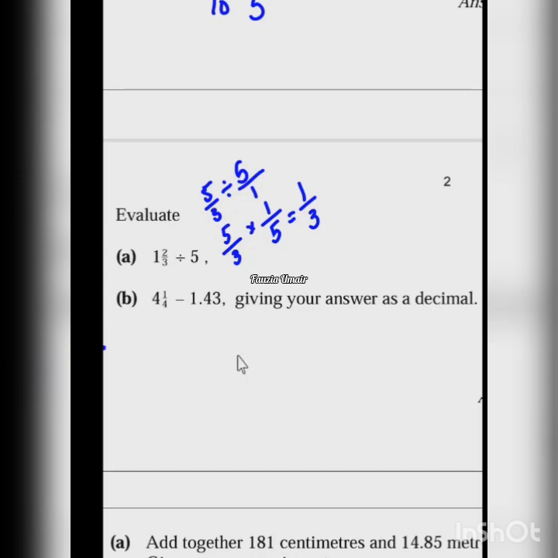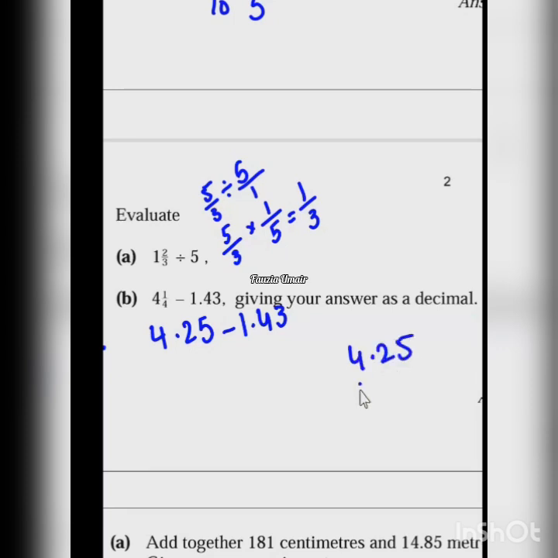4.25. If I go the difficult way, this question will take a lot of time. So I will simply change this into the decimal form because I need to answer in decimal form. So 4.25 minus 1.43, and now we will simply subtract the two decimals.